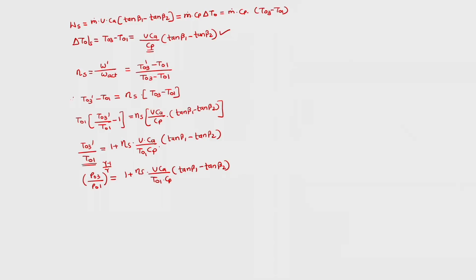This would help us find the pressure rise in a compressor if we know the velocity triangle. This is how we utilize the tool of the velocity triangle to find different conditions or interactions for a compressor.